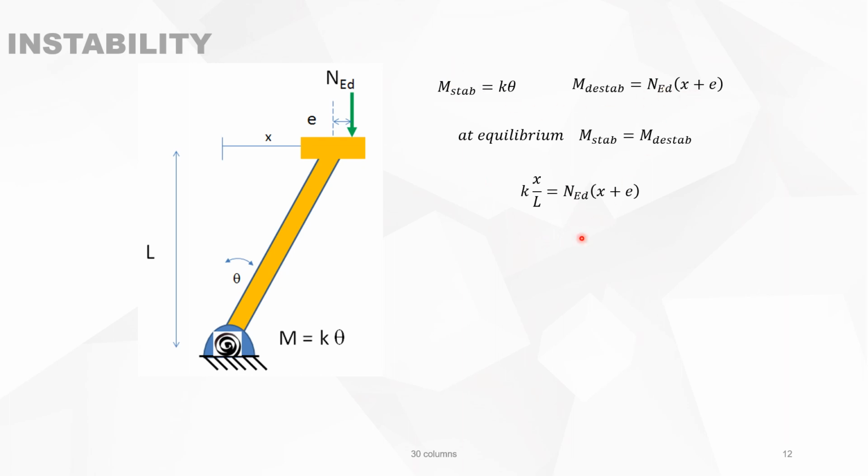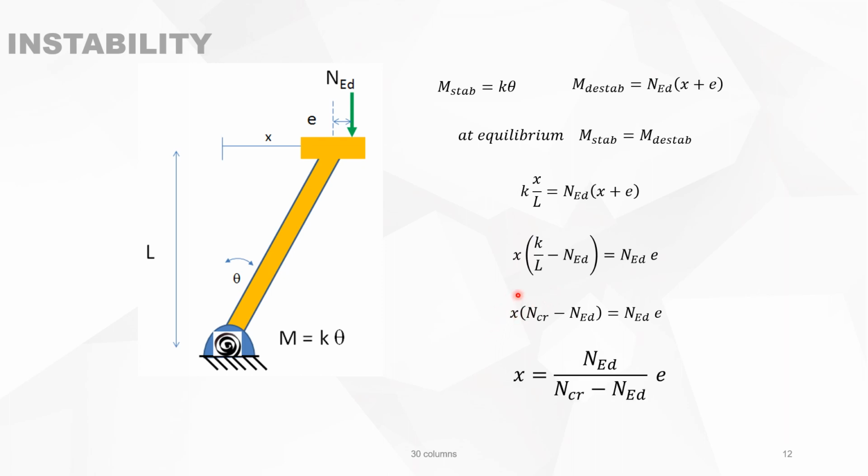We substitute the two values, we rearrange it, and in this equation we have K over L, which we have seen we called N critical. Then we can see that the displacement on top of the column is proportional to the eccentricity of the force, and the proportional factor depends only on the applied force and the critical normal force.